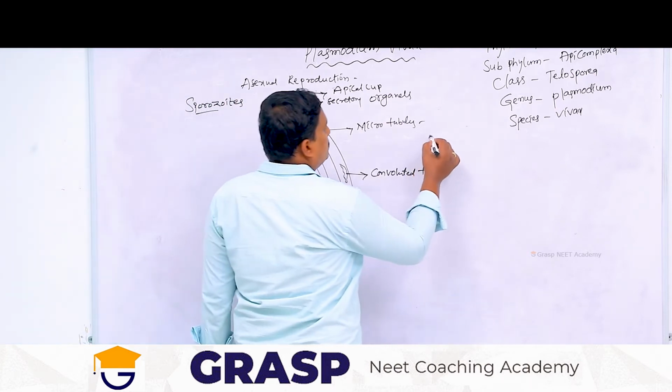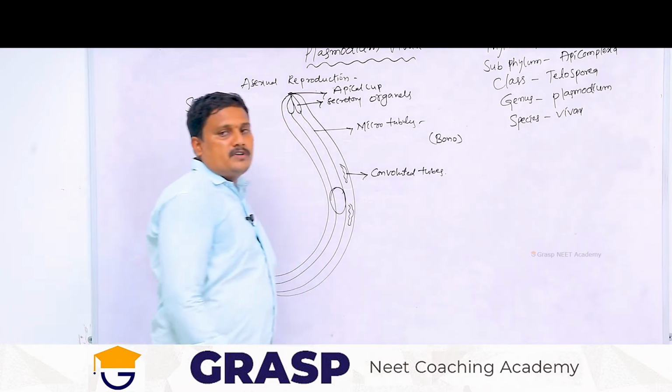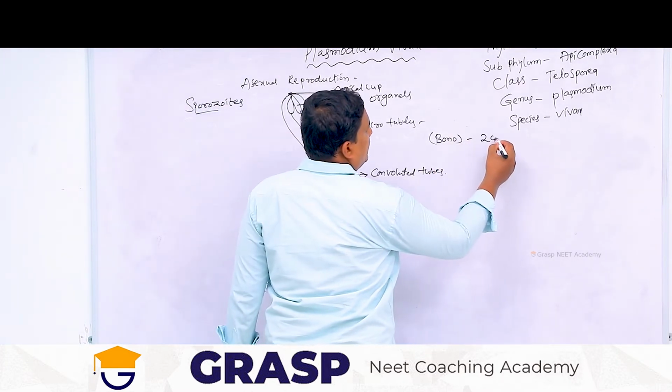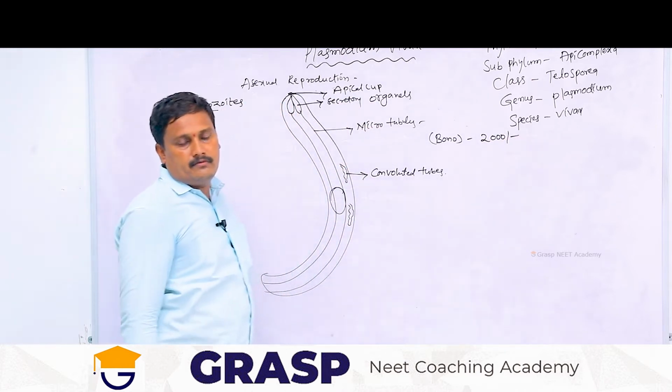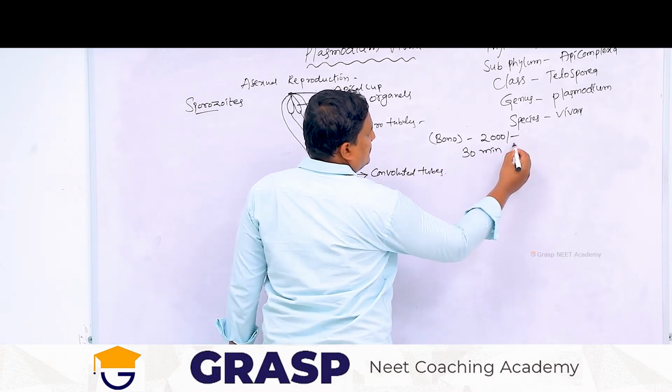According to Bano, when an infectious mosquito bites a person, nearly 2000 sporozoites enter the human body. Within half an hour they reach the liver cells.